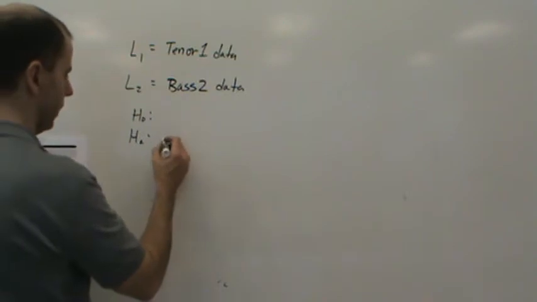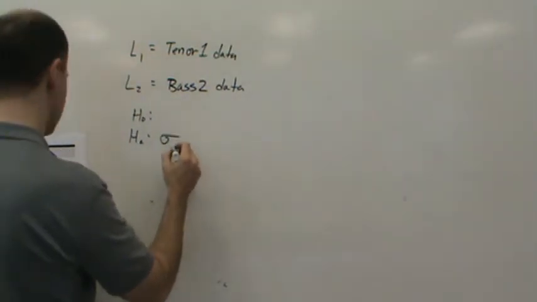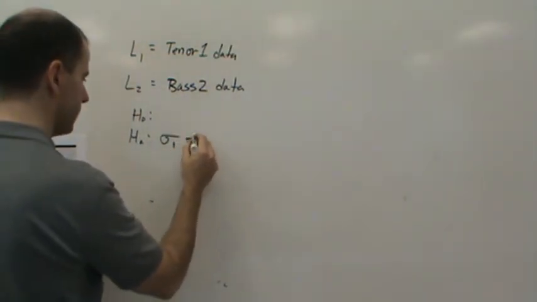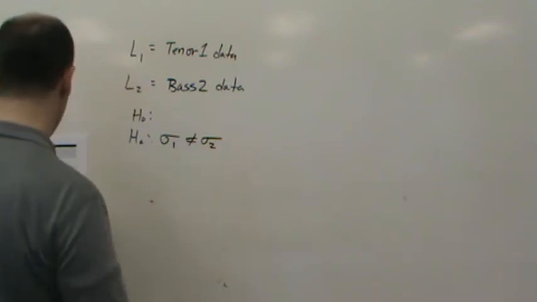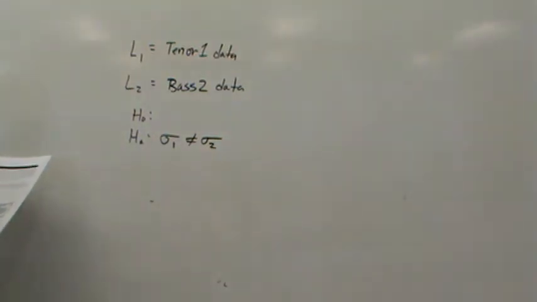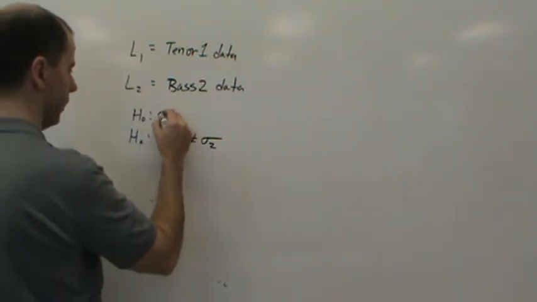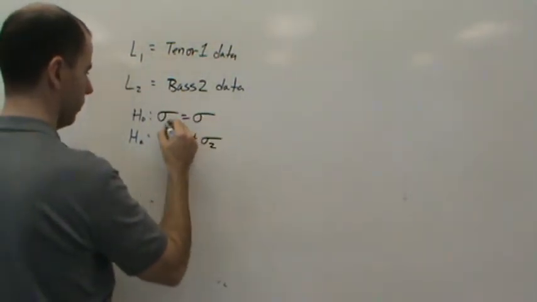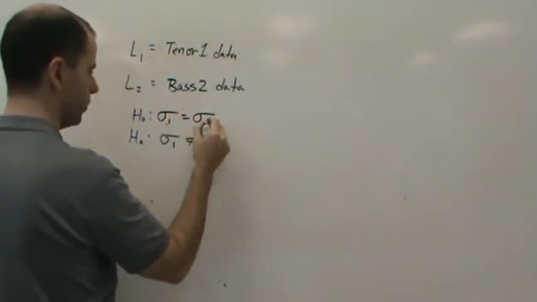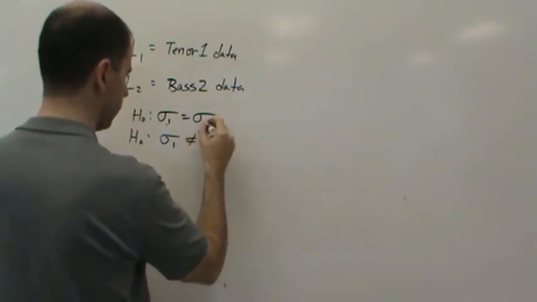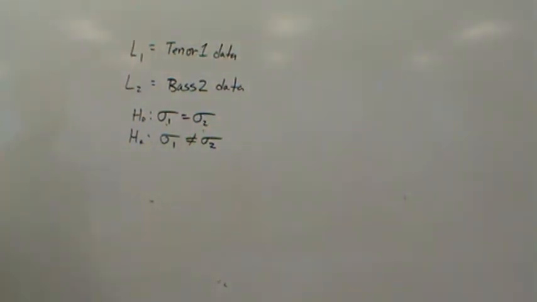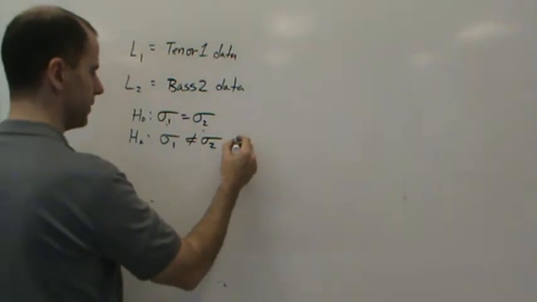So in other words, the standard deviation of 1 is different from the standard deviation of 2. So are they the same or are they different? In this case, we're using standard deviations. Here is the null and alternative hypotheses.